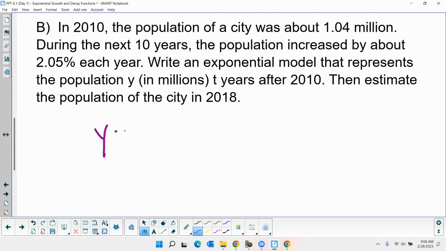Remember, here's our basic formula. So you're just substituting into the formula. So it's pretty easy.